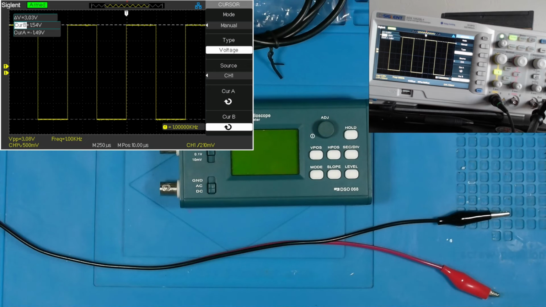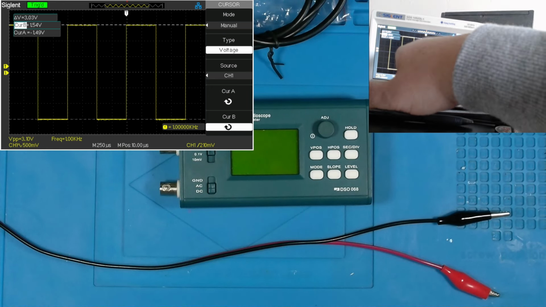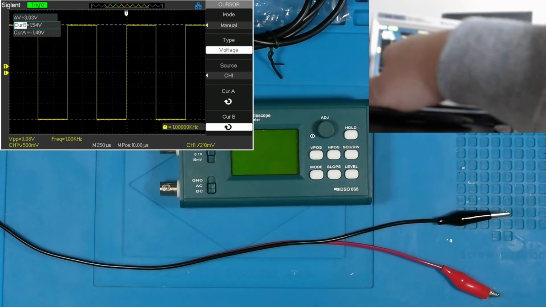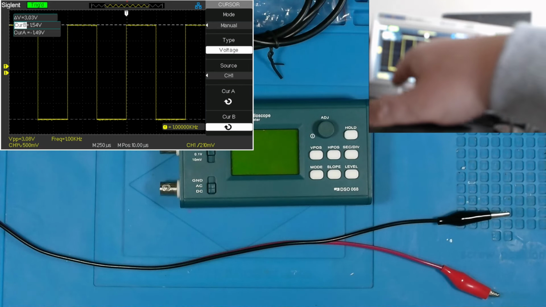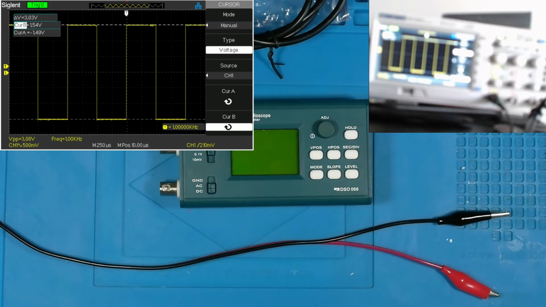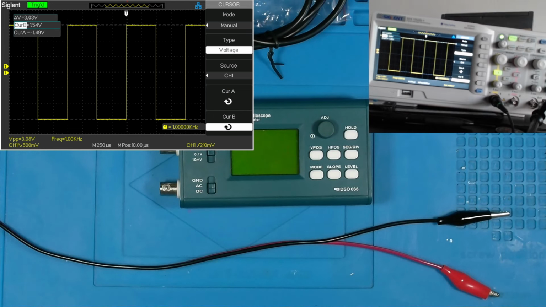But there could be reasons why you would want to do a manual measurement versus an automatic measurement. Especially if you have frequency changing between each revolution or full revolution of your waveform, such as with pulse code modulation.